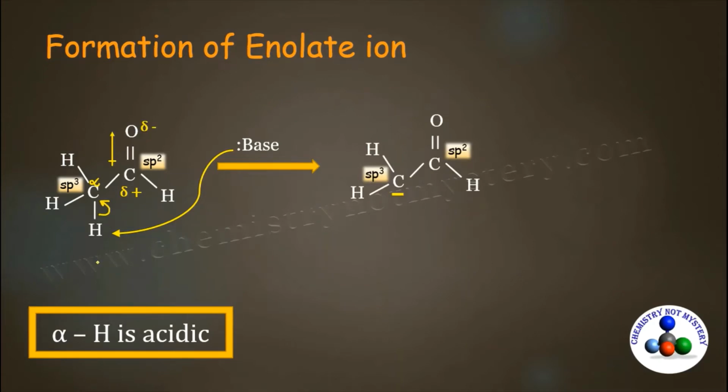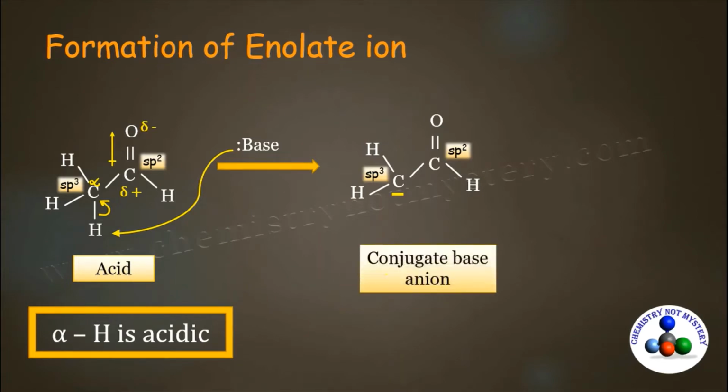As this aldehyde donates H+ ion, it acts as an acid while the formed anion is known as the conjugate base anion. So let's see how stable the conjugate base anion is. The more stable the conjugate base anion, the stronger will be the acid. In this conjugate base anion, negative charge delocalizes between alpha carbon and carbonyl carbon and the double bond delocalizes over oxygen.